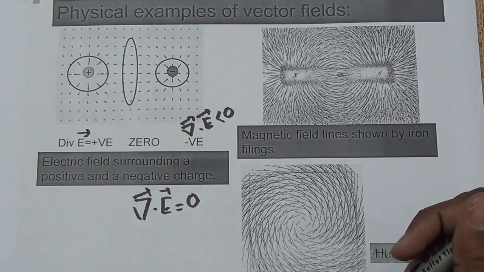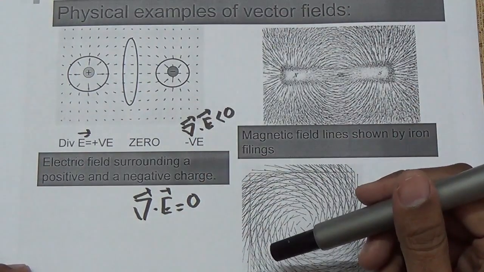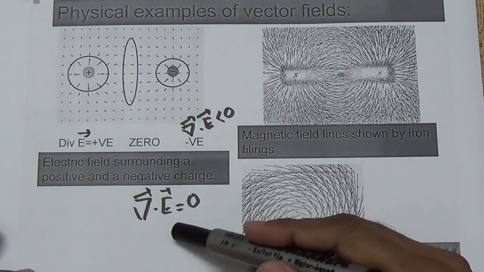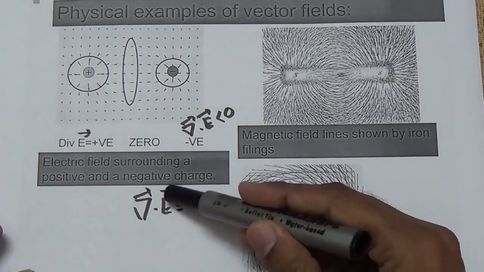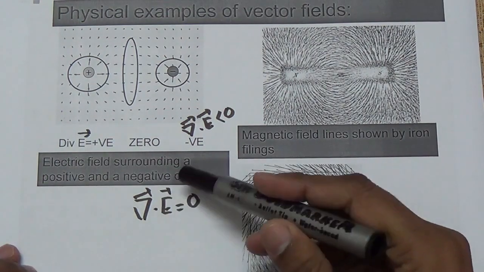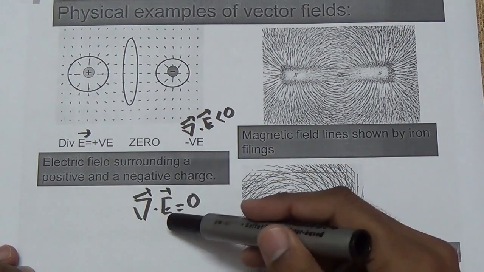So the total electric flux which you measure at this point is equal to 0. So divergence of E is equal to 0. In this situation, this vector field function is known as a solenoidal function. So this is the physical interpretation of this mathematical equation.